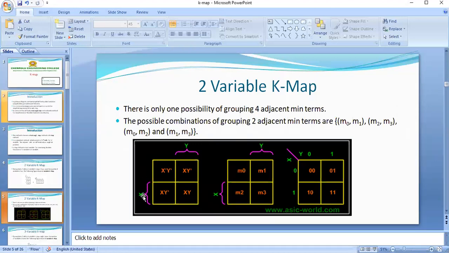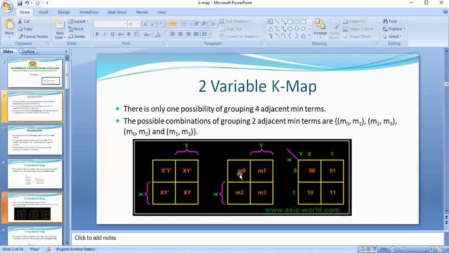For variable x, we have 2 possible combinations, 0 and 1. And for variable y, we have 2 possible combinations, 0 and 1. So what is the first cell? 0, 0. If you want to simplify an SOP expression, each cell is called a min term. In each cell we have a product term, and the product term is called a min term, when you want to simplify the SOP, sum of products expression.